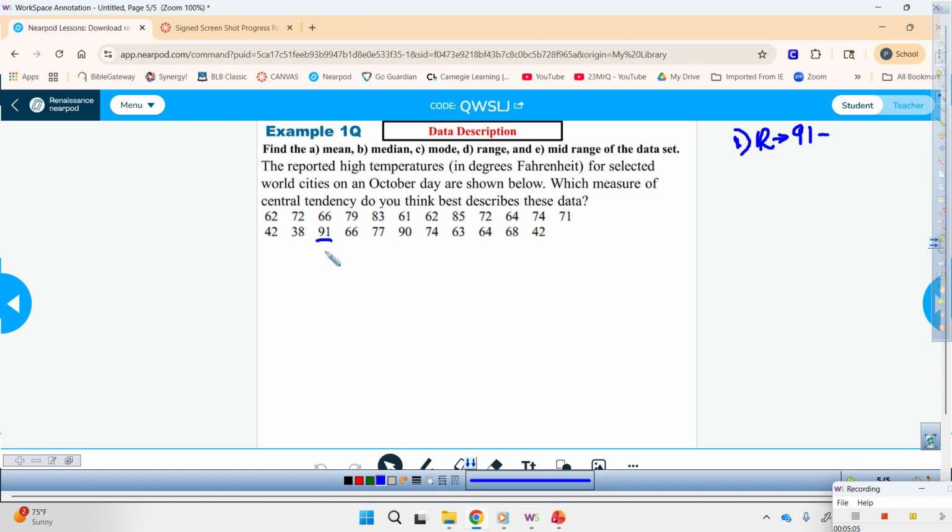What was the lowest? 38. So our range is 91 minus 38, that is 53.